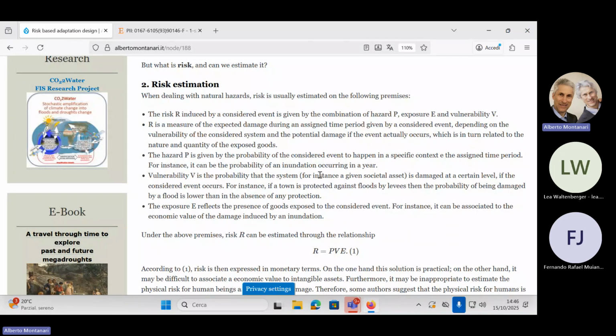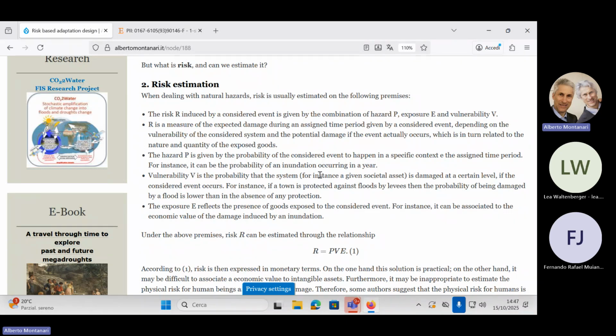We define risk as the average damage within a time span of 1 year due to earthquakes. Or I define risk as the average damage expected for a duration of 1 year for the occurrence of a flood. So it is expected damage.